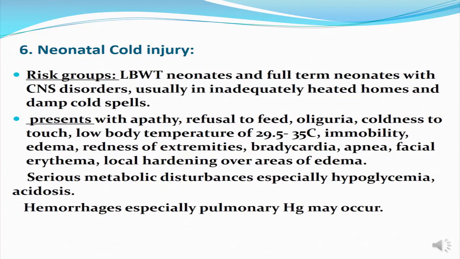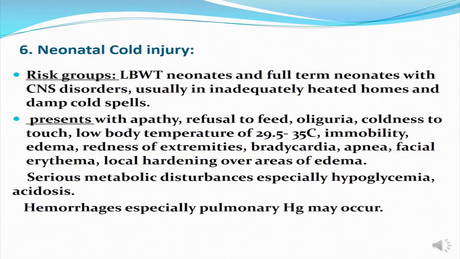Neonatal cold injury, as we said, is not birth trauma. It is the injury which occurs to low birth weight preterm babies, and sometimes in full-term babies with CNS disorder, due to inadequately heated homes and damp cold spells. They present with apathy, refusal to feed, oliguria, coldness to touch, and low body temperature, 29.5 to 35, which cannot be detected by an ordinary thermometer, but you need to use low reading thermometers.